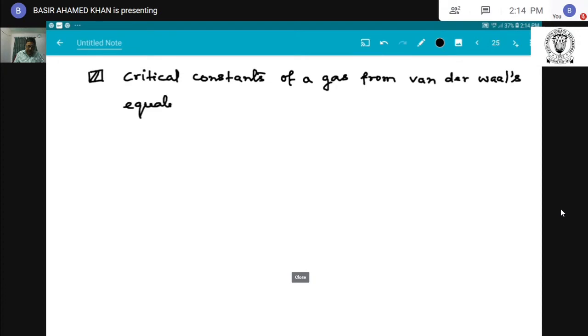From the van der Waals equation we know that (P + a/V²)(V − b) = RT, and from here we write this equation in this way.